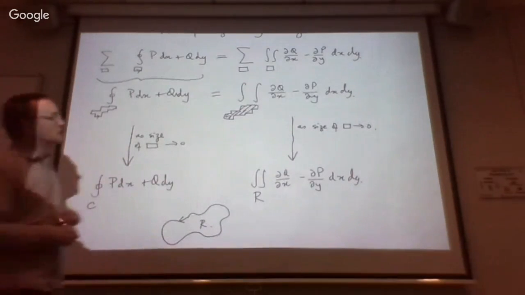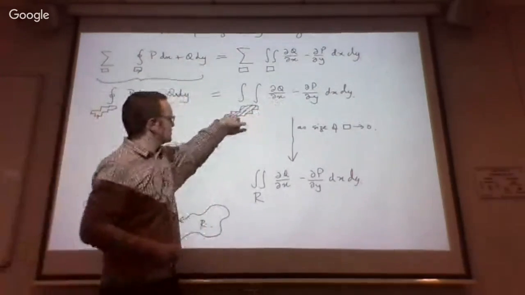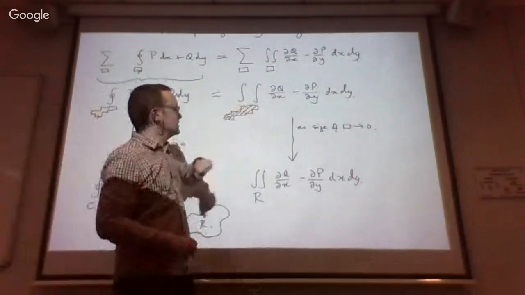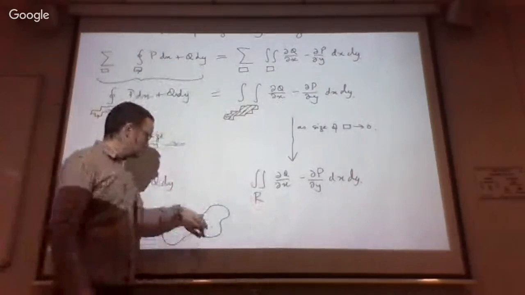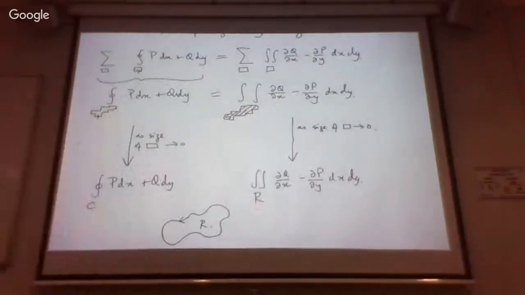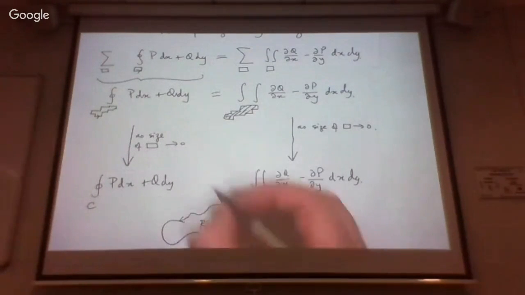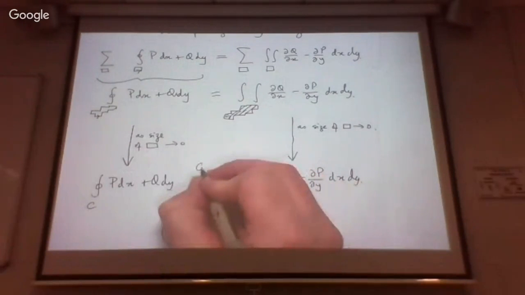And this integral over here, the integral around the blocky rectangular region, will converge to the double integral over the interior R. Okay. And Green's theorem says that these two are equal.